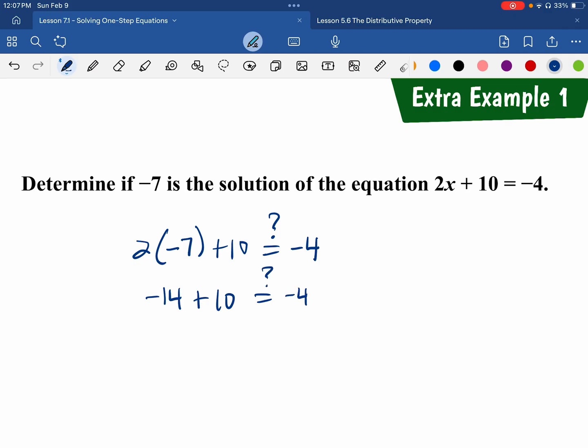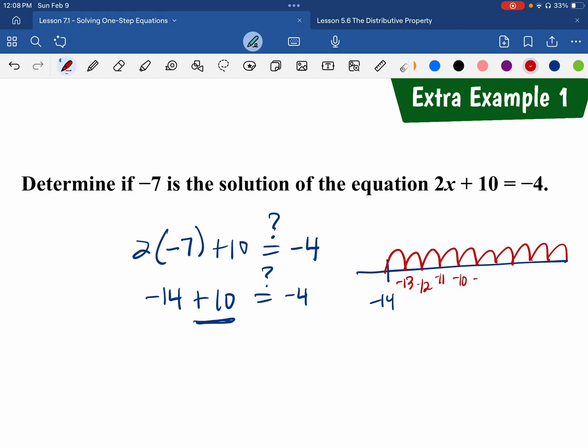Again, I'm going to draw a number line here. If we're starting out at negative 14 and we are adding to it 10, that means we are going to the right 10. 1, 2, 3, 4, 5, 6, 7, 8, 9, 10. So negative 13, negative 12, negative 11, negative 10, negative 9, negative 8, negative 7, negative 6, negative 5, negative 4.